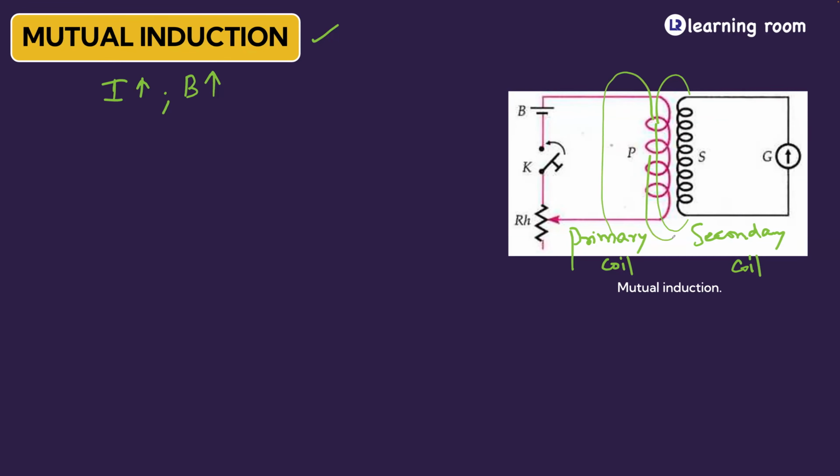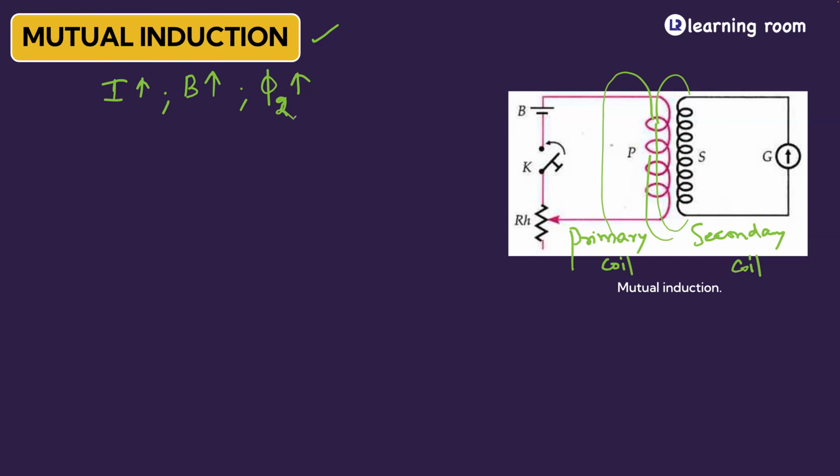So when the current is growing through this coil, the magnetic field is going to increase. So the magnetic field that is generated by the first coil will create a flux in the second coil. Am I right? So the flux in the second coil is going to increase.